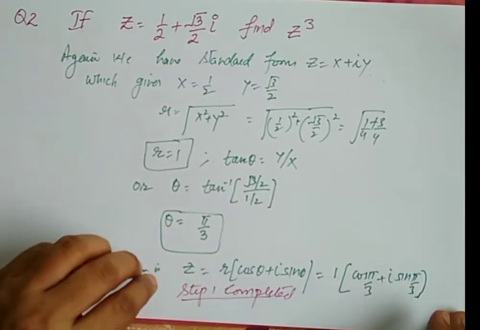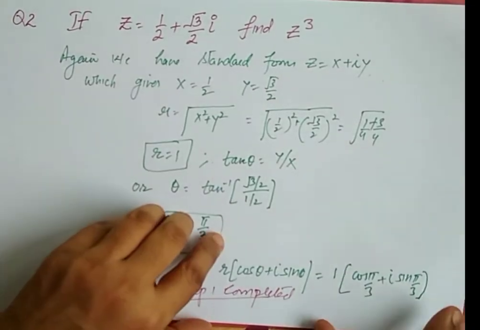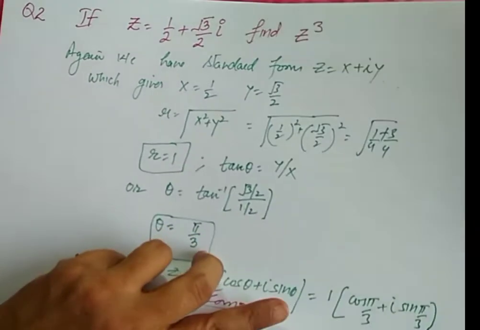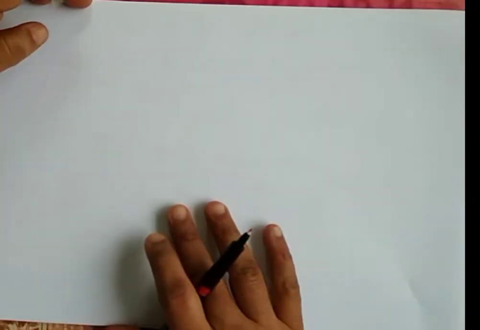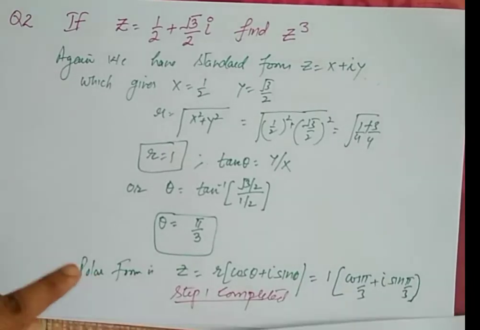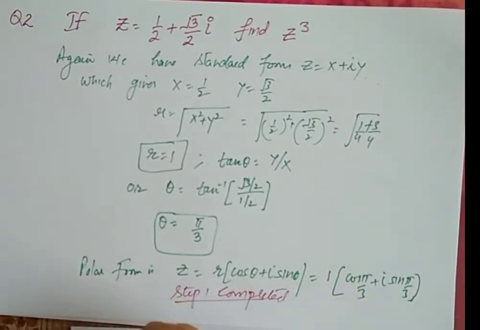Now after step 1, we will go for step 2. In step 1, we have found that z is equal to 1 cos of pi by 3 plus i sin of pi by 3.